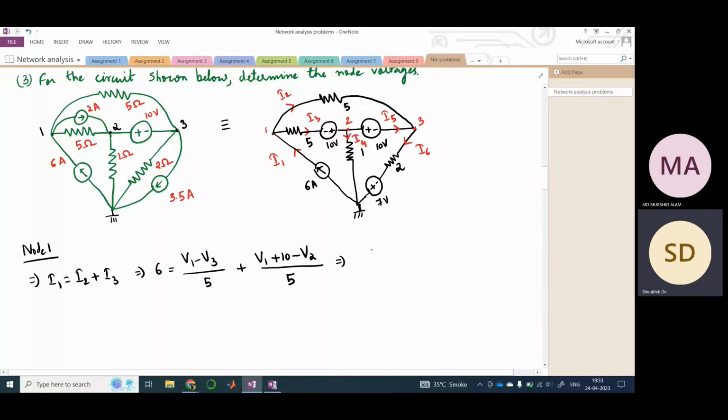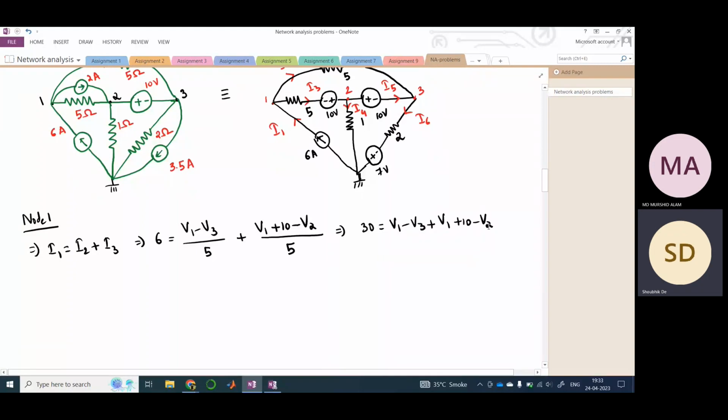If you take this to the other side, this would be 30 equals V1 minus V3 plus V1 plus 10 minus V2, right? So your equation would be 20 is equal to 2V1 minus V2 minus V3. So this would be your node 1 equation.